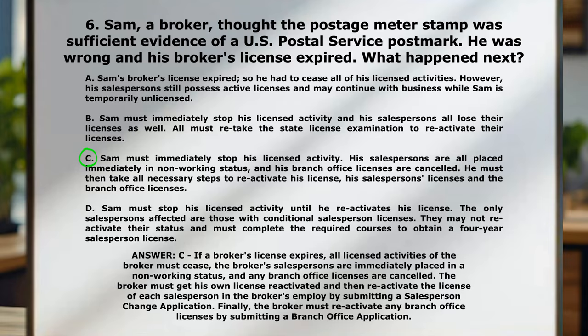So in basic terms, any salesperson who has their license under Sam, the broker here, they're in non-working status because Sam is not active. So Sam's got to get his broker's license active again. If he has any branch office locations, those are canceled. He's got to reactivate those. And then he's got to also reactivate all his salespersons' licenses. A lot to break down in that last question. Take a second, take some notes on it, and then when you're ready, move on to the next question.